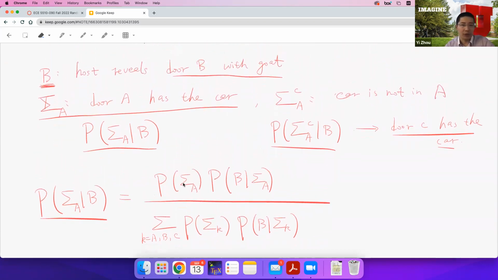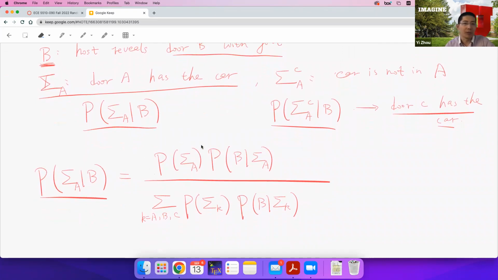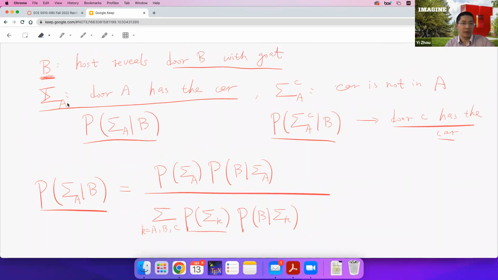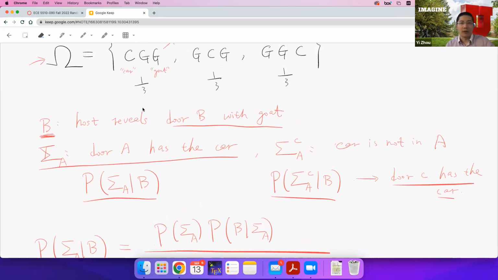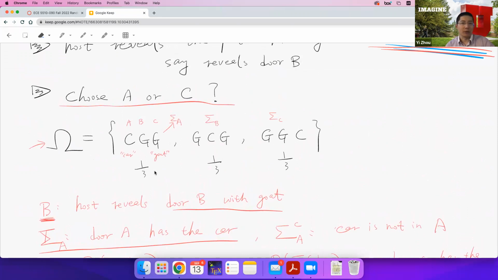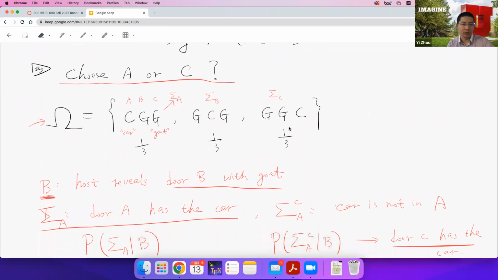First of all, we have these marginal probabilities. So we need to look at the probability of sigma A and the probability of sigma B and sigma C separately. And these are easy because each sigma denotes the event that a certain door has the car, and this is simply 1/3 because we assign the car uniformly at random to the doors.